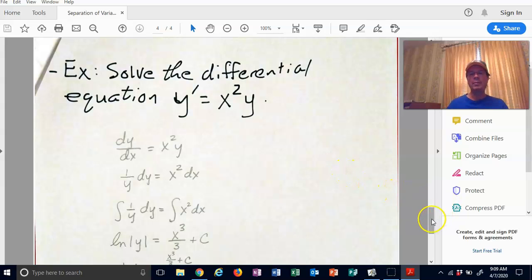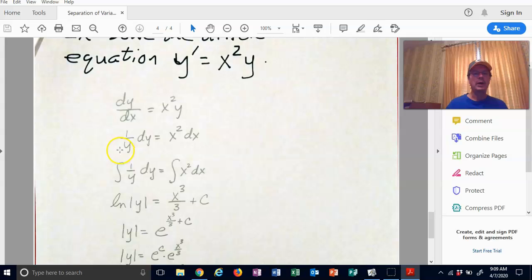Now we'll integrate both sides. When I integrate 1 over y with respect to y, that's the natural log of the absolute value of y. So that's your integration rule for that. On the right side, when I integrate x squared, I'll get x cubed over 3. And we'll put our arbitrary constant plus c over here.